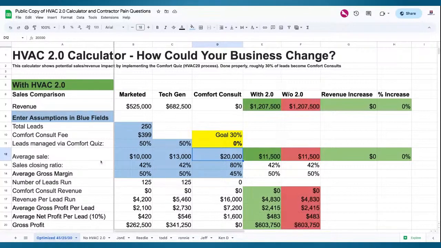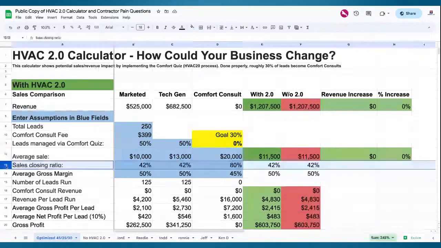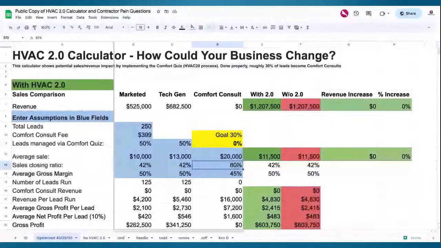Closing ratios, these are straight out of Nexstar. 42% is kind of a standard industry closing ratio. And then 80%, this might be high. So you know what? Let's make this 70 because that's a very realistic number coming out of comfort consults. And how do you guys feel about that?